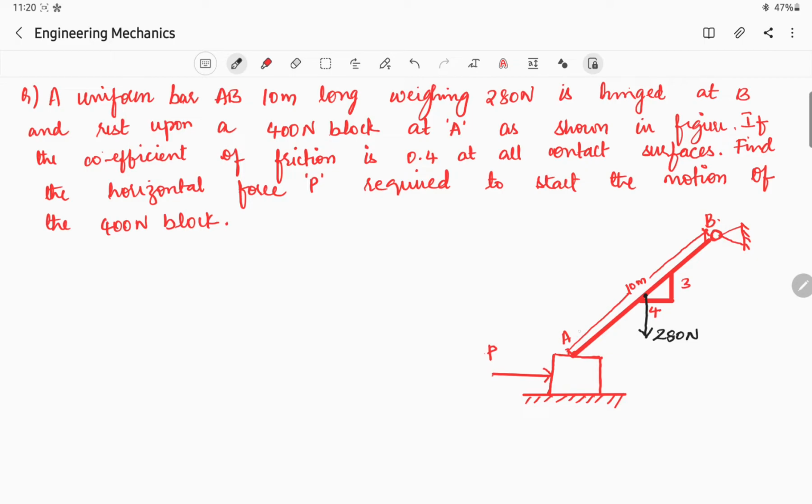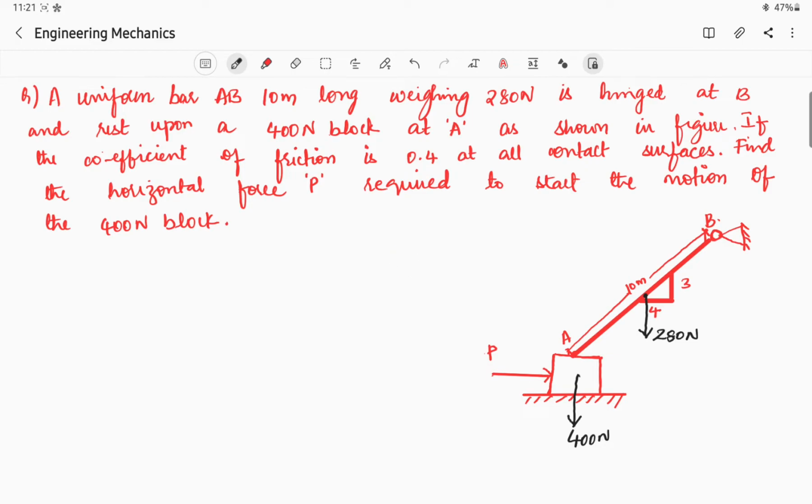Along with that, the weight of the block, this block, will always act at the center, right? So the weight of the block is given as 400 newton, the length of the bar is 10 meters, and the weight of the bar is 280 newtons.